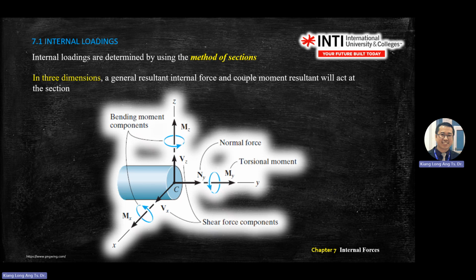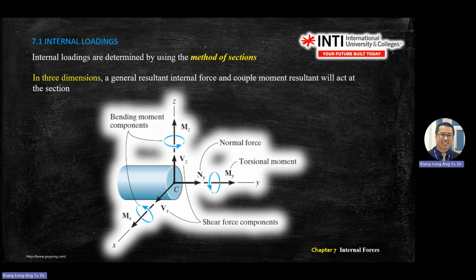The normal force is because the force is perpendicular to the surface. V is because the force goes parallel to the surface. If you don't want to confuse normal force and shear force, you can just use a capital letter to represent the force on the surface.